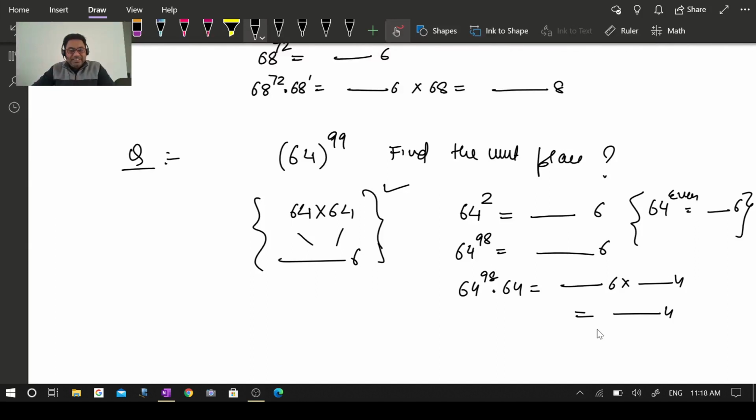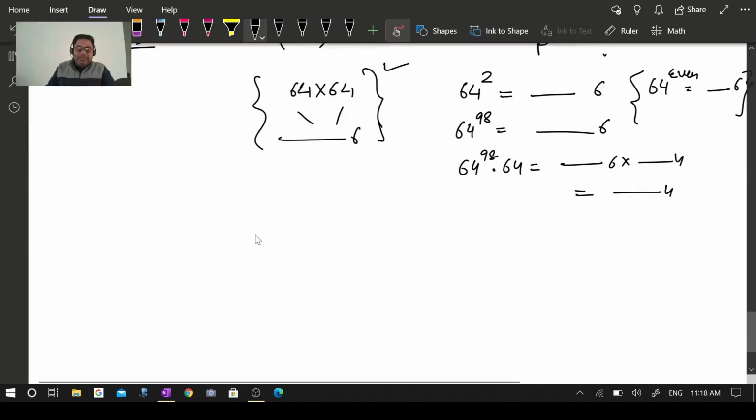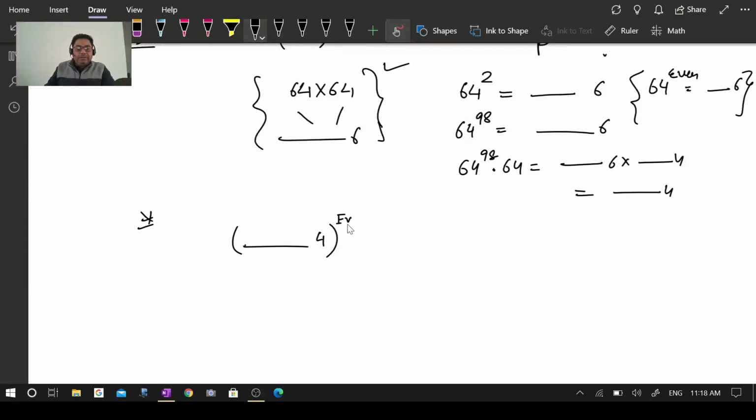Easy. So guys, with that, I can be very smart and say that I can create more results. An important result: any number ending with 4 raised to the power even always ends with 6, and a number ending with 4 raised to the power odd ends with 4.